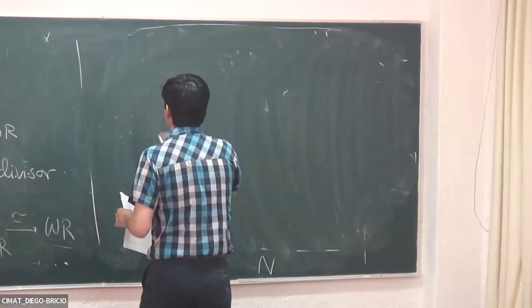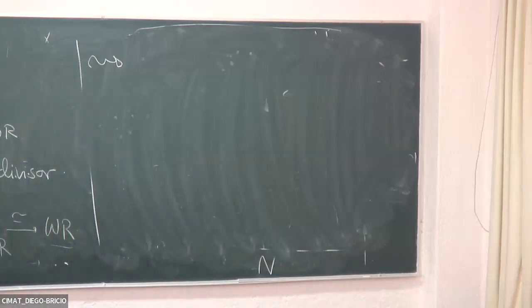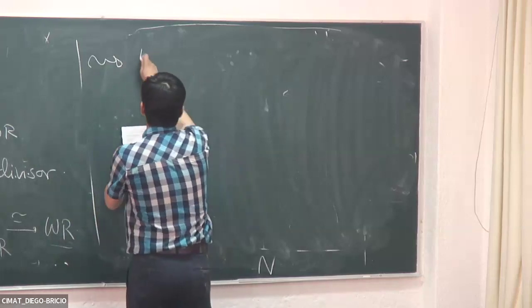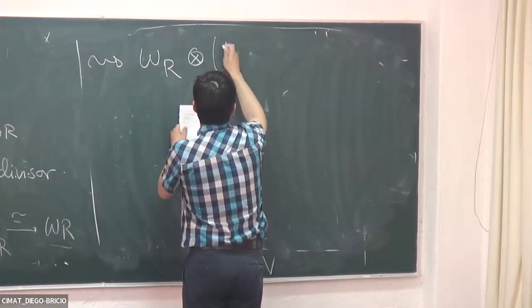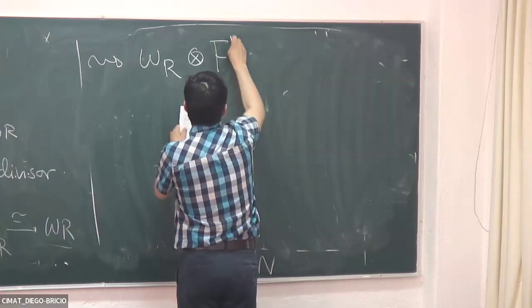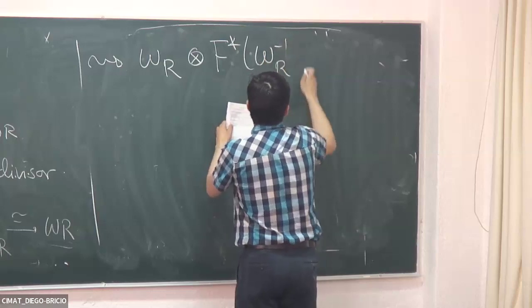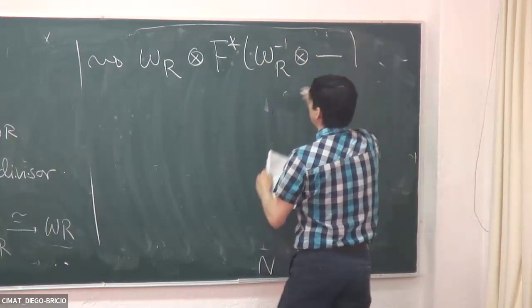The conclusion is that this natural transformation here really becomes omega R tensor, maybe like this, the pullback of the anti-canonical tensor blank the one.